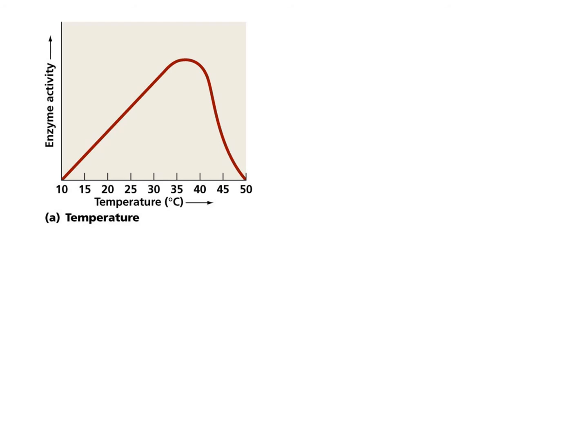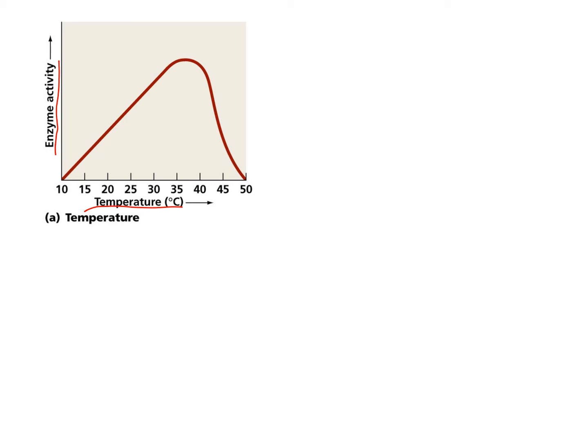So this is a graph that shows you how enzymes function at different temperatures. So on this graph, the x-axis is temperature in Celsius degrees, and the y-axis is enzyme activity. So how much product is produced as the enzyme converts the reactants to products.